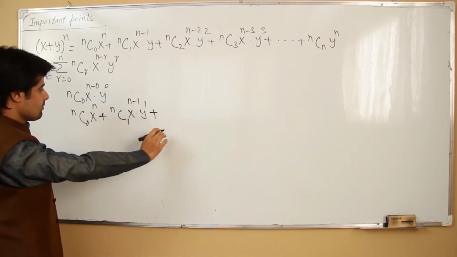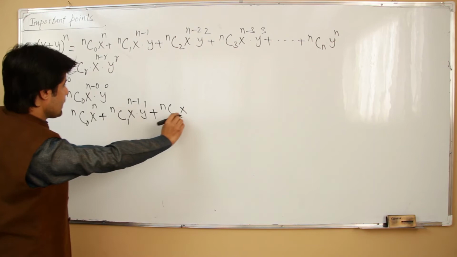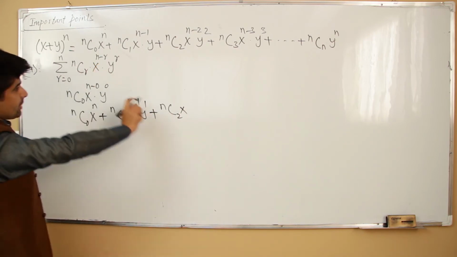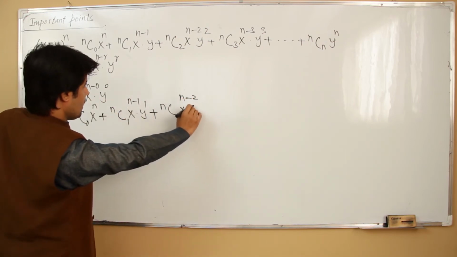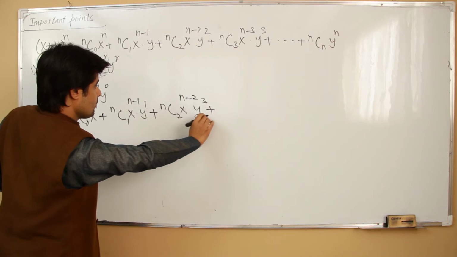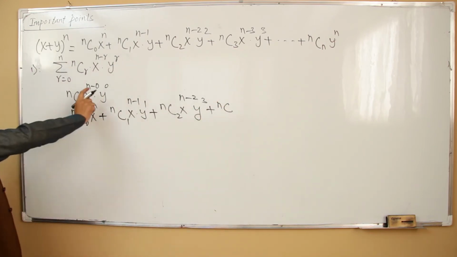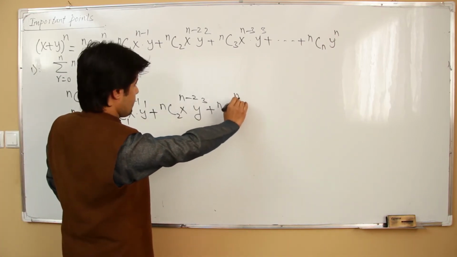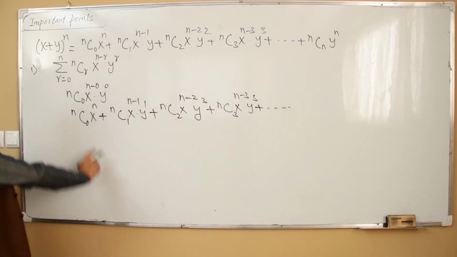The third term: after 0 we have 1, after 1 we have 2, x to the power n minus 2, r is 2 and y is to the power 2. Then once again n c, after 2 we have 3, x to the power n minus 3 y to the power 3, up to which term?